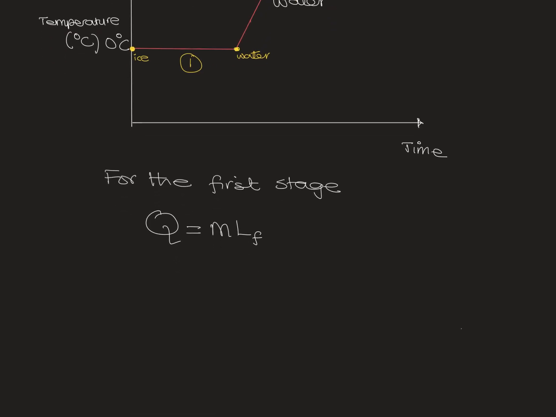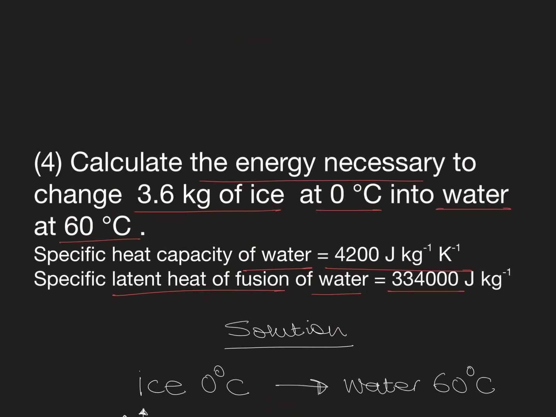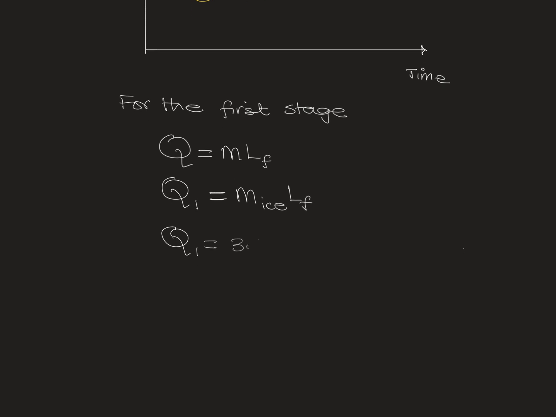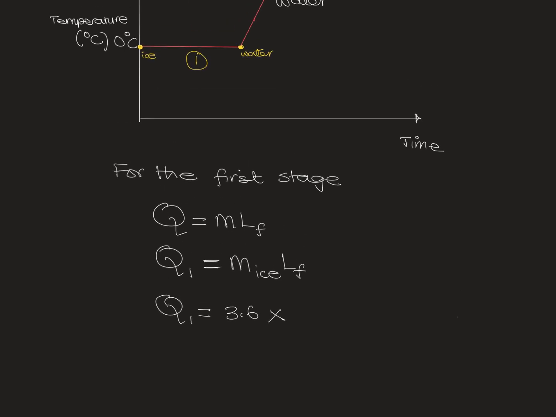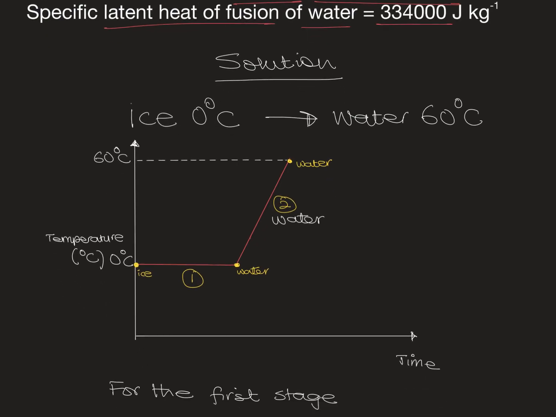So to be more specific, I will say Q1 because I'm referring to the first stage. This is equal to the mass of the ice times the specific latent heat of fusion. We will say Q1 is equal to the mass of the ice given in the question, 3.6 kilograms, multiplied by the specific latent heat of fusion given as 334,000 joules per kilogram.